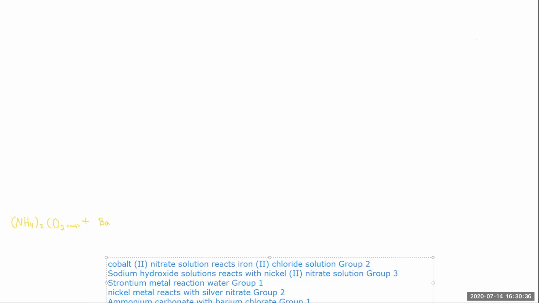I'll do the cobalt nitrate. For group 2, I'll do that cobalt nitrate solution. See the bottom of the screen. What are the ones that group 2 got? Group 2 got cobalt nitrate, and nickel metal reacts with silver nitrate.